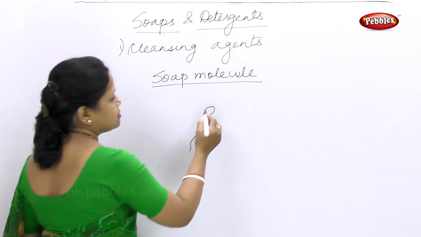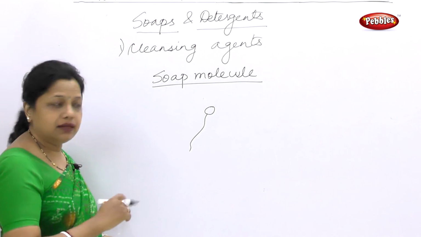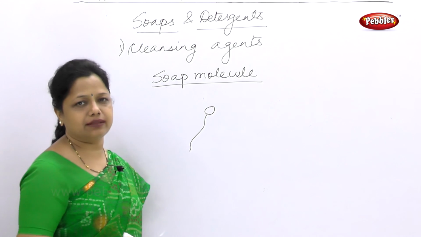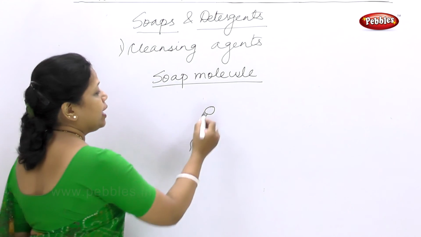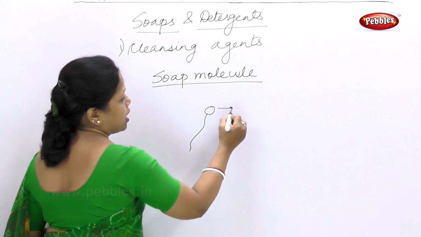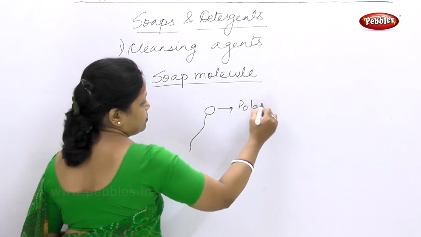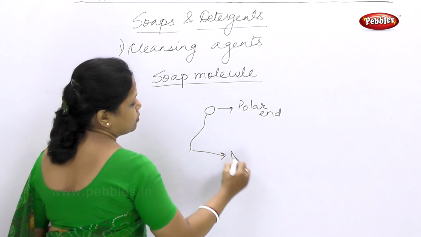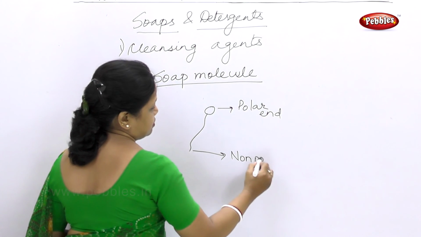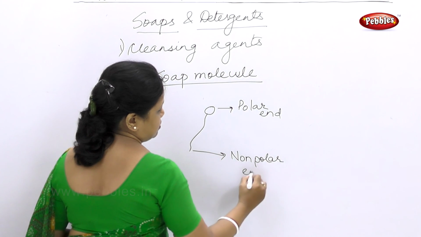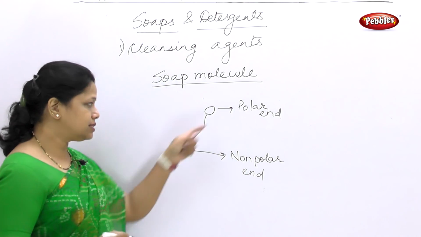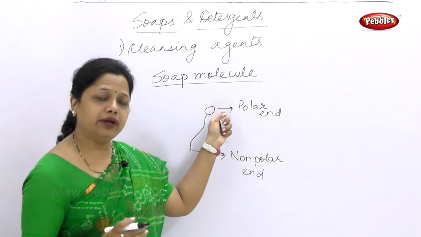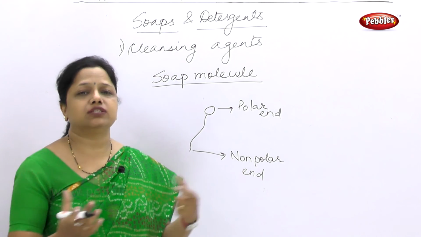That means it has a head and a tail. The soap molecule also looks like that. It has one head which is called the polar end, and this end is called the non-polar end. The polar end is made up of sodium or potassium salts.